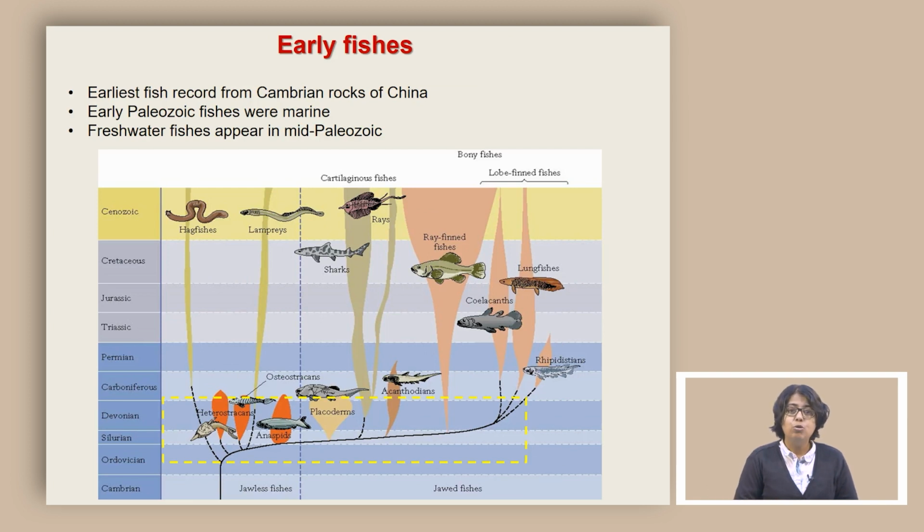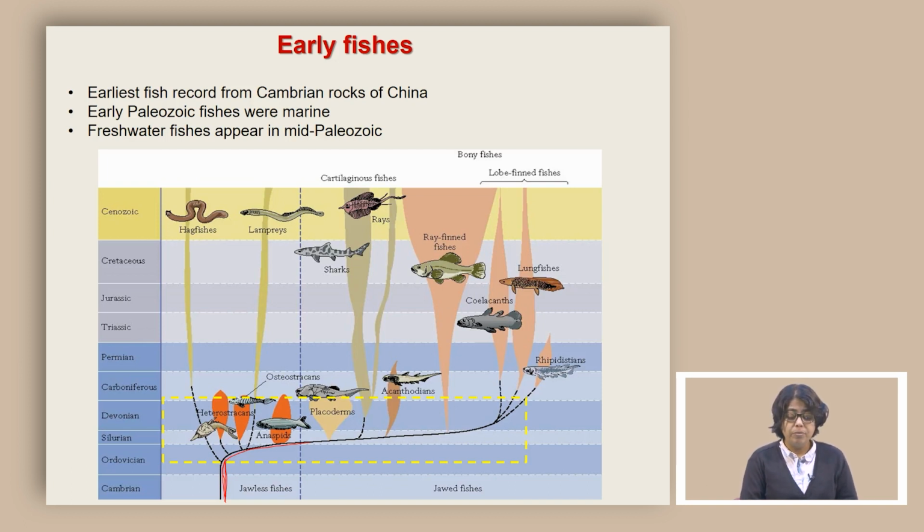Now, this is not the first time the fishes appeared. If you look back, in fact, the story of this classification starts all the way in the Cambrian. It is true that in the Cambrian, the fishes we are talking about were probably jawless fishes, but they started in the Cambrian.